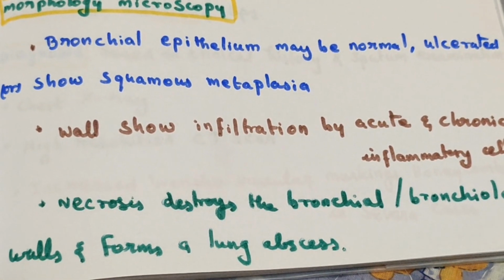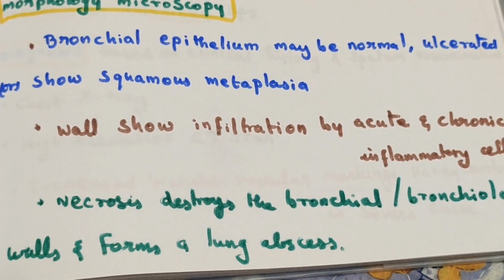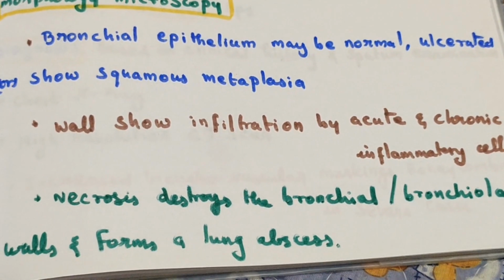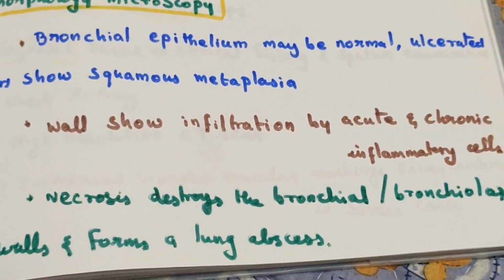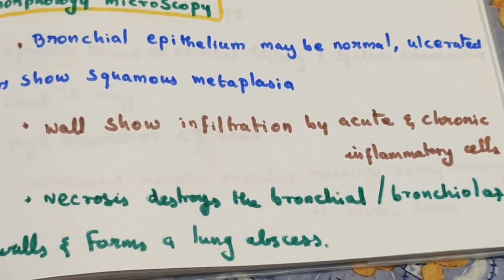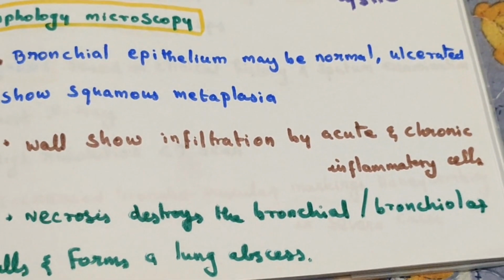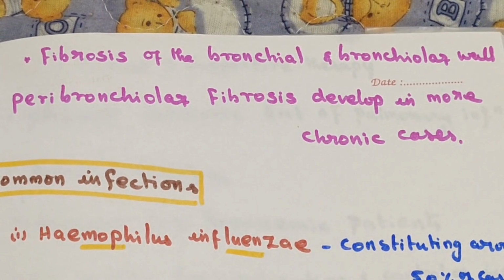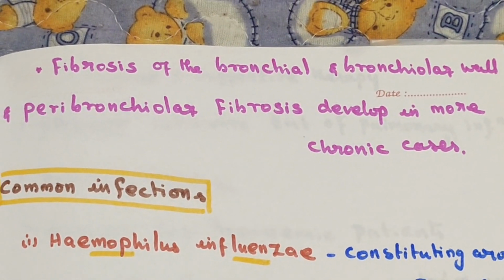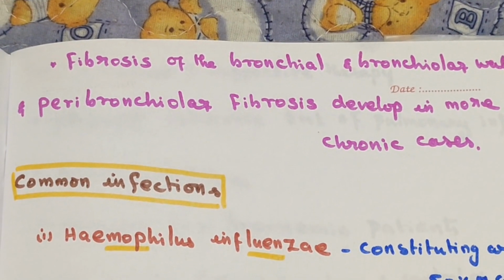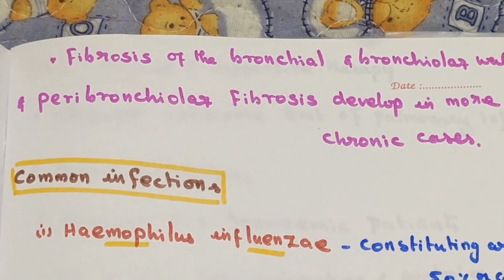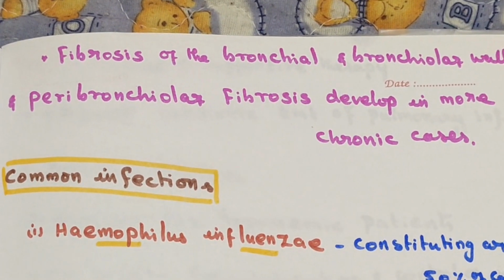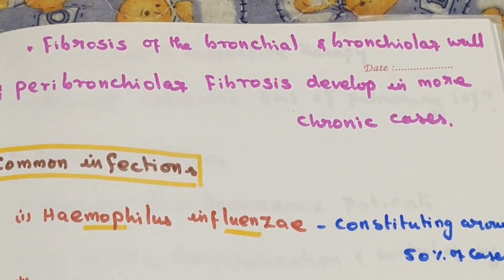Sometimes the necrotic parenchyma is so extensive that it can form an abscess with co-existing infection. Fibrosis of the bronchial and bronchiolar wall occurs in long-standing cases, and peribronchiolar fibrosis develops in more chronic cases.